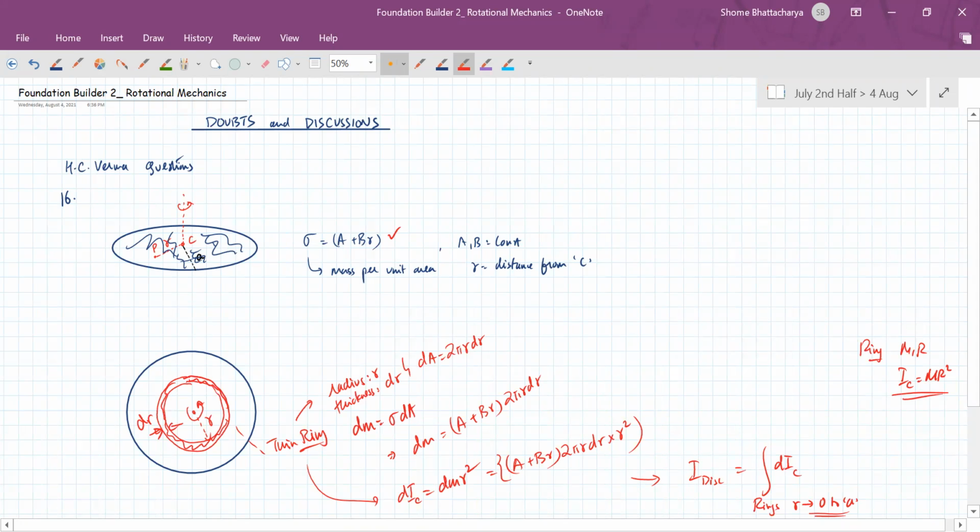I'll put up the final answer also. So this is the 16th question. After this, we'll be doing, I think, question number 26 and then 37. If you're already familiar with this question, then you can go through these two other questions, 26 and 37. We'll discuss these.